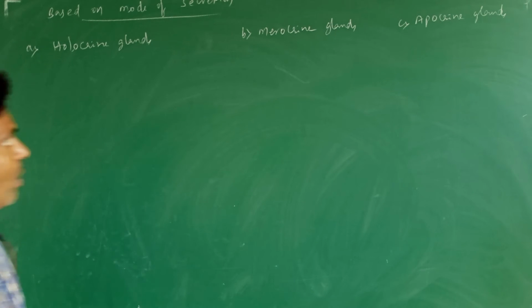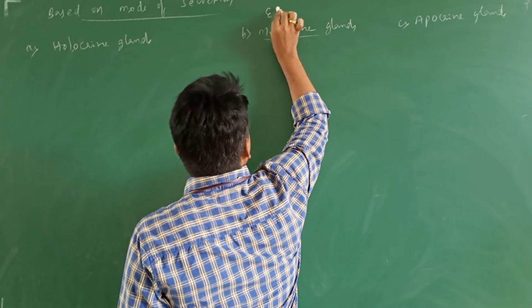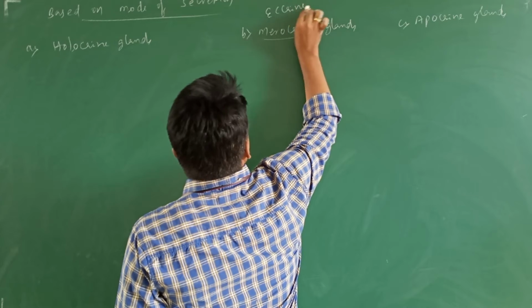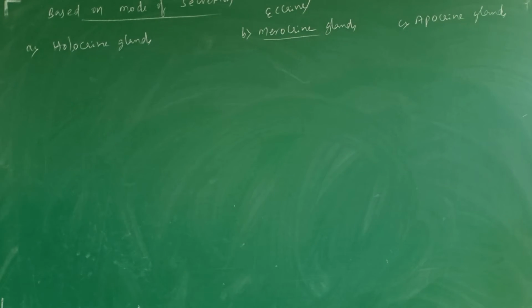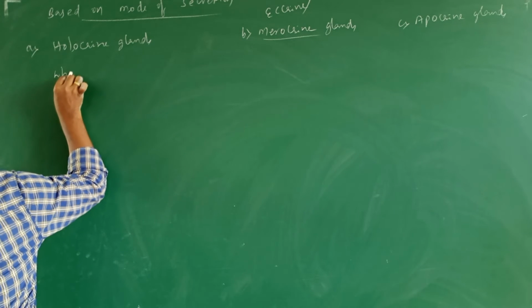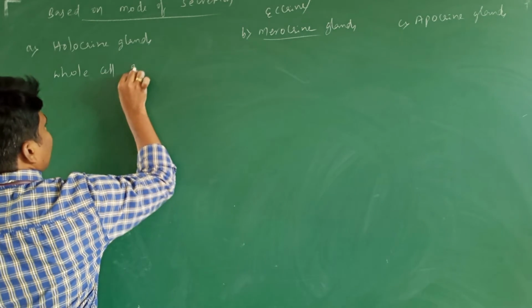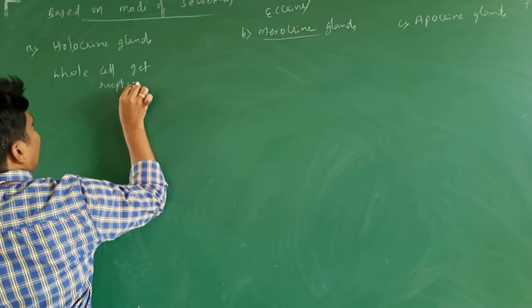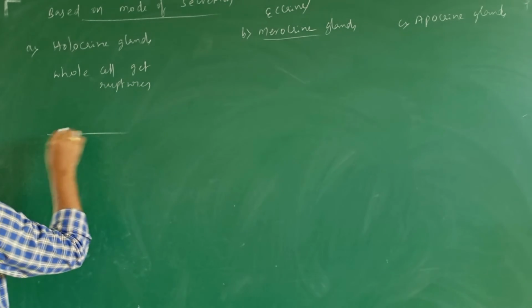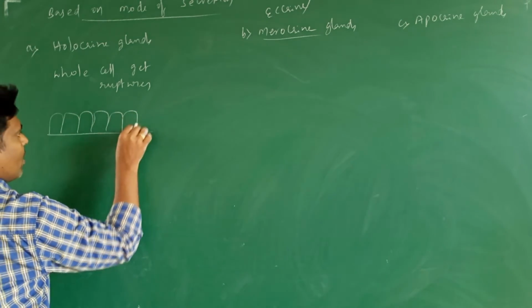Merocrine we are also going to call eccrine. Holocrine glands: the whole cell, the entire cell, gets ruptured.